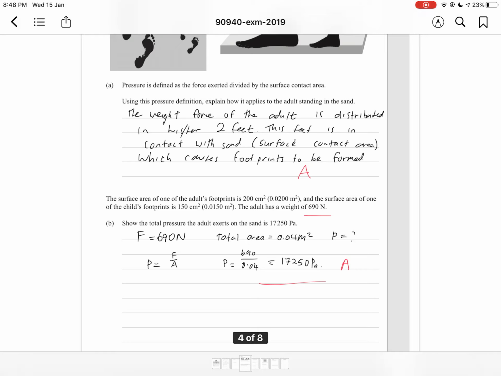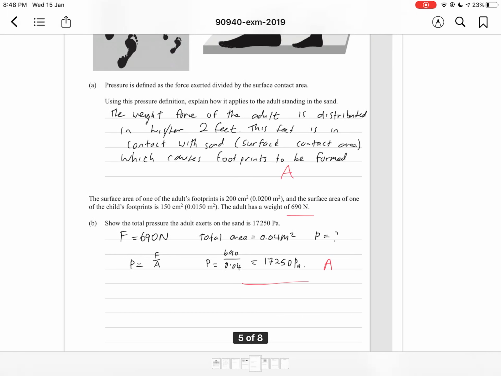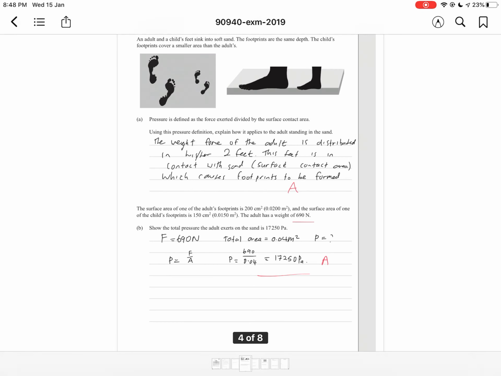That means that even though it is less weight, it is also distributed over less surface area. For the adult, it would have been more mass, but distributed over a larger area. So the child's weight force is distributed over a smaller area. That causes the footprints to be the same depth.